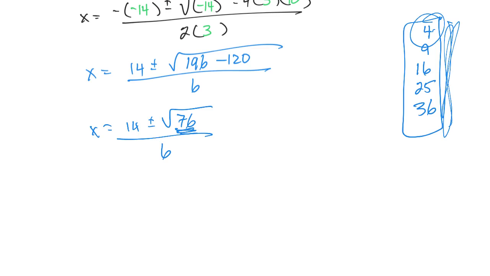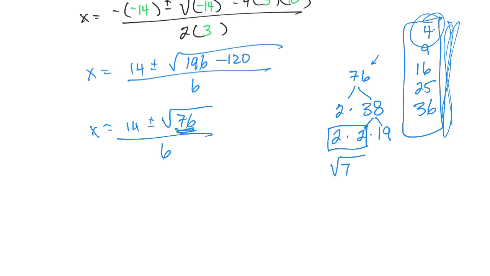So an easier way to do it is just to do a multiplication tree or a factor tree. If you can't see one of these numbers divide into it, you know it's an even number, so you know 2 will go into it, and it'll go into it 38 times. And then 38, you can split that into 2 times 19, and I think that's it. But here now there's two 2's.